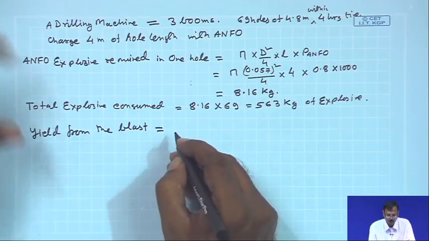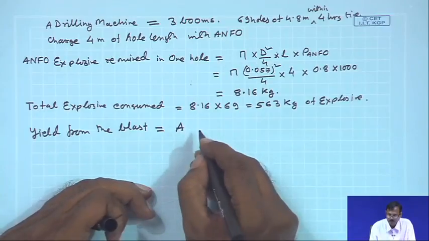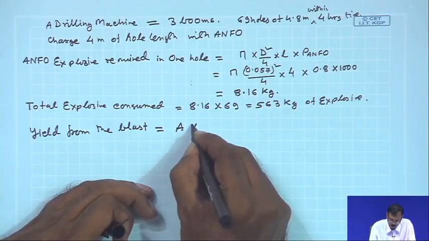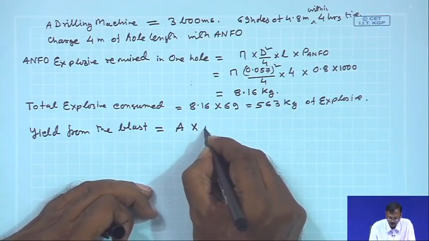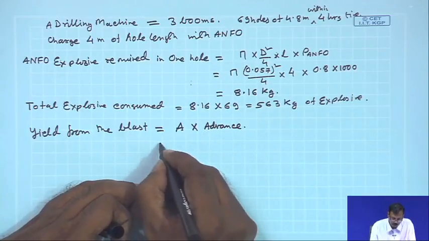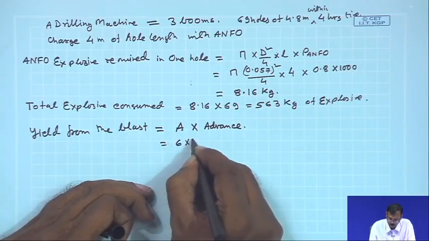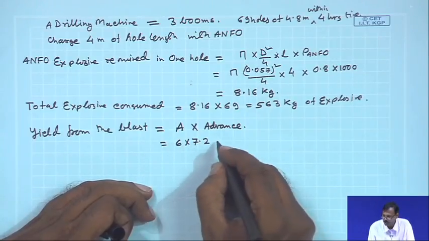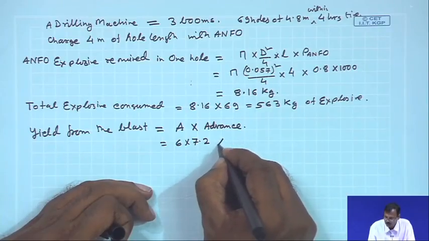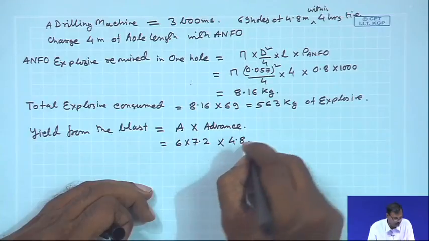So, the yield from the blast is basically the cross section area and the advance. The cross section area is basically known to us, 6 into 7.2 meter, and the advance is also, we have achieved a 100% advance, that means 4.8 meter.